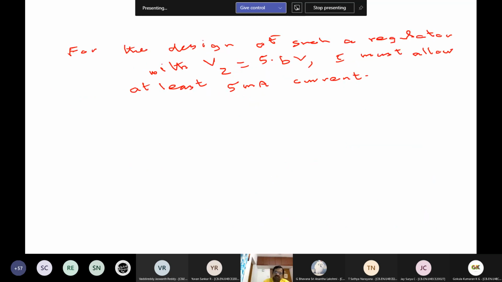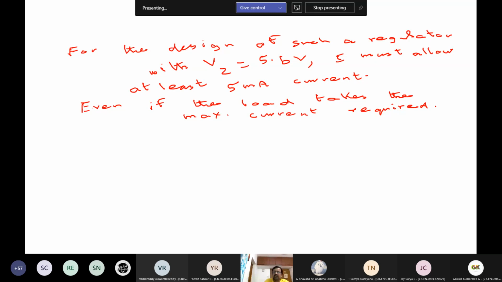So remember this. If I take even the maximum possible, even if the load takes the maximum current rating, maximum current required.